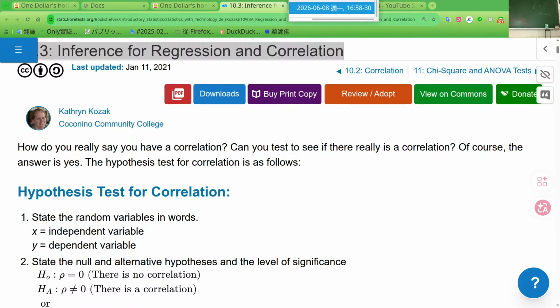Okay, we can check the results. Conclusion: reject the null hypothesis since the p-value is very small. And interpretation: there is enough evidence to show a negative correlation between elevation and the high temperature. Again, what's the purpose?